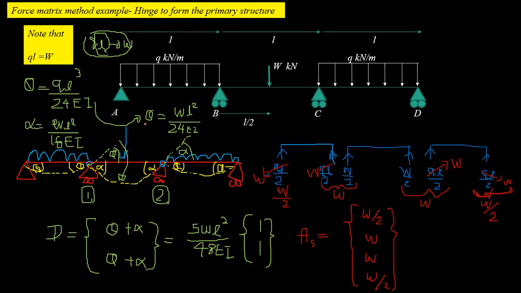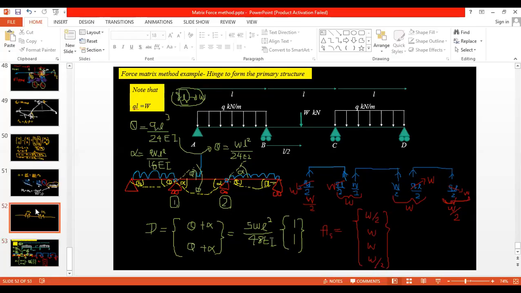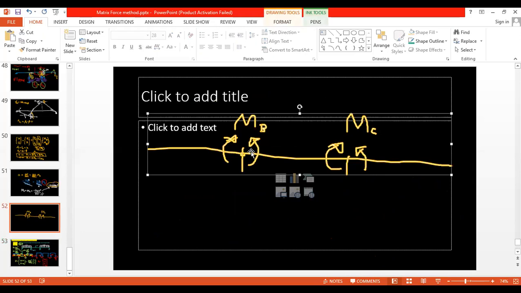So you need to apply the first redundant. So how we are going to do that is, again, go here, I can delete this.